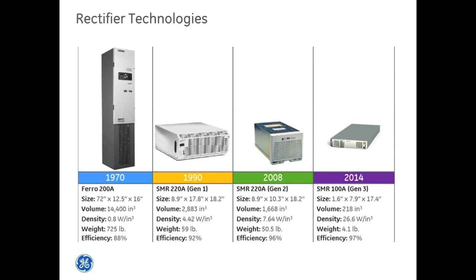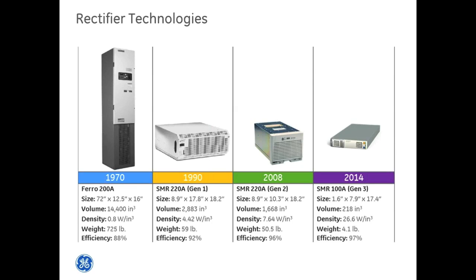Switch mode rectifiers come along in the 90s, a couple of generations there up to 2008, where we're looking at significant reductions in size and weight, all the way up to today's rectifier. That particular illustration is a 100 amp rectifier, so it's not a direct comparison, but if we compare two of those, it's the equivalent of the other ones shown there.